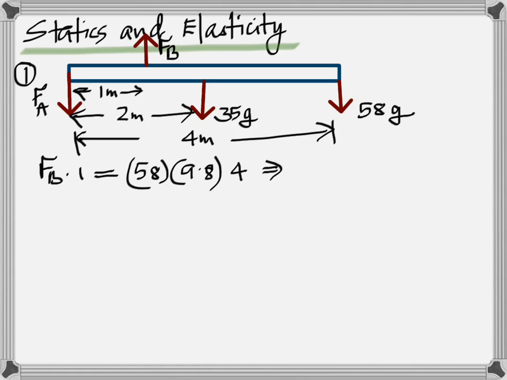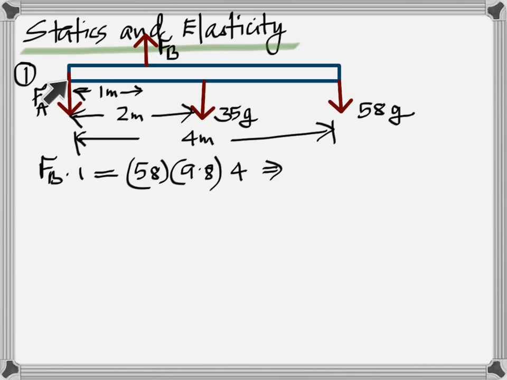So now, in this question, the torque is calculated about this end. So that means all distances are measured from this end. So when you look at FB, that creates a counterclockwise torque.